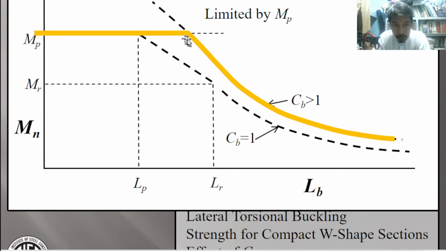The model goes straight, then to the inelastic and elastic regions. CB greater than 1 is higher, and CB equal to 1 is our lowest portion. Again, this is as suggested and introduced by the code.